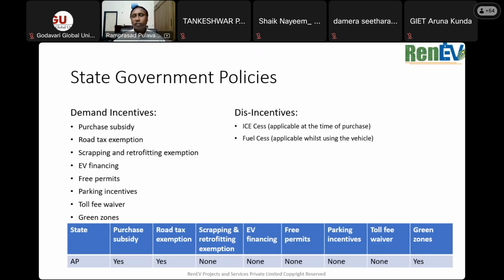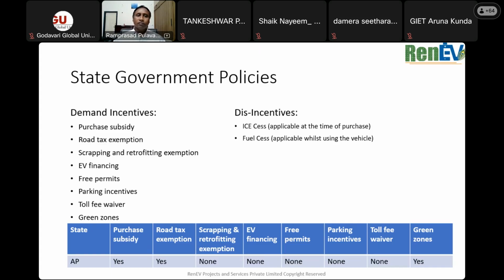And then there is free permit. What does a free permit mean? Does anybody know? Normally, if I have a three-wheeler, the permit is given for a particular district or a particular area, if I am buying an ICE auto.